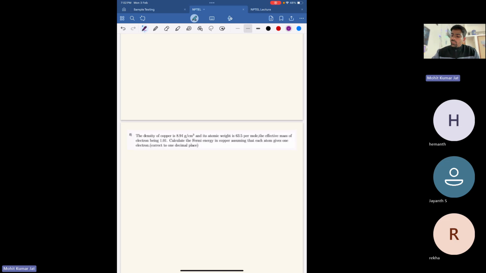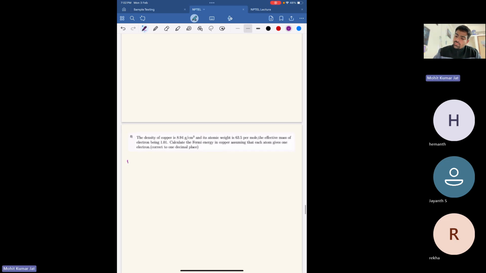Now the next question: the density of copper is given. Density of copper is 8.94 gram per centimeter cube, and the atomic weight is also given, that is 63.5 gram per mole.